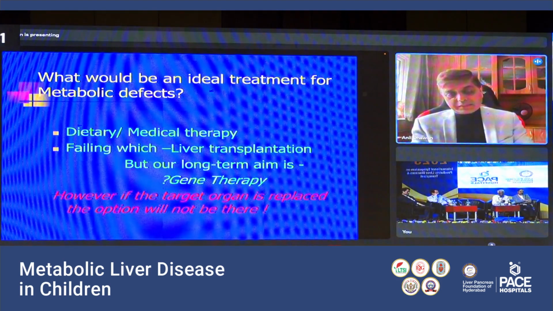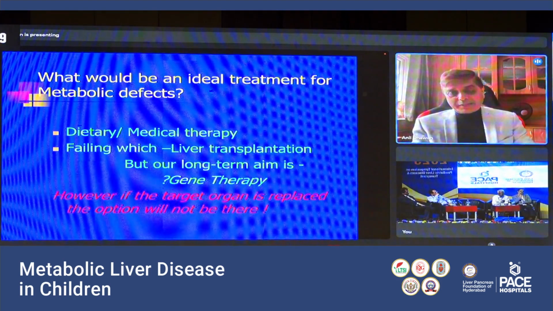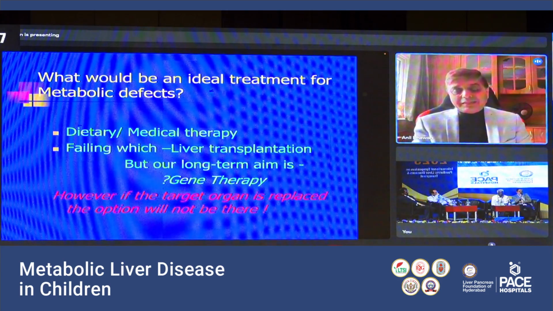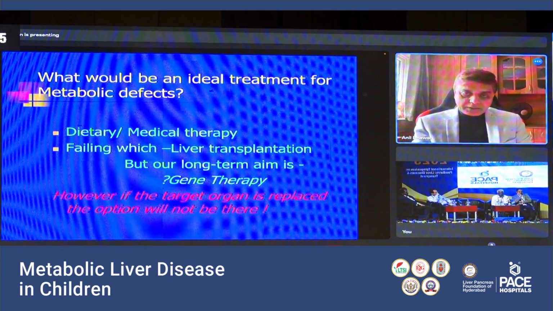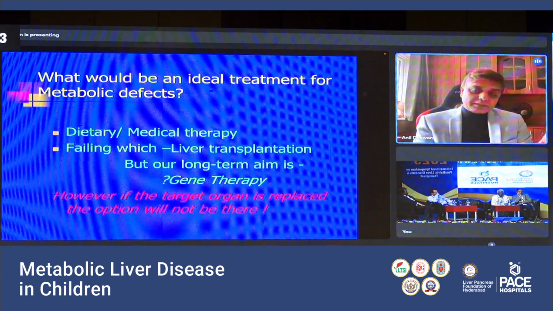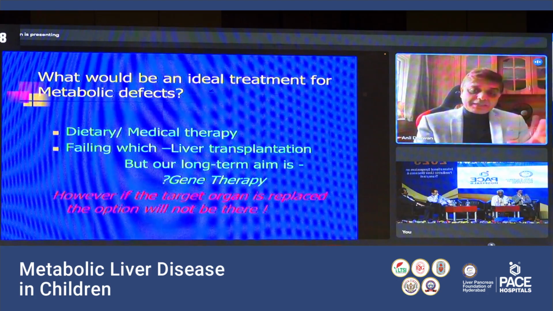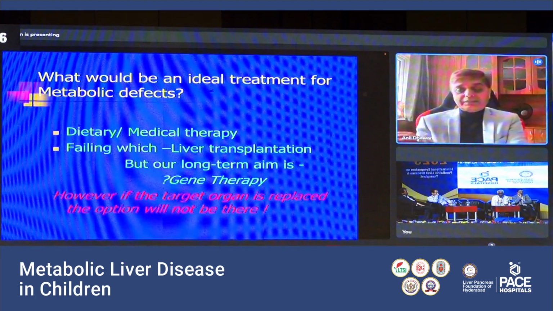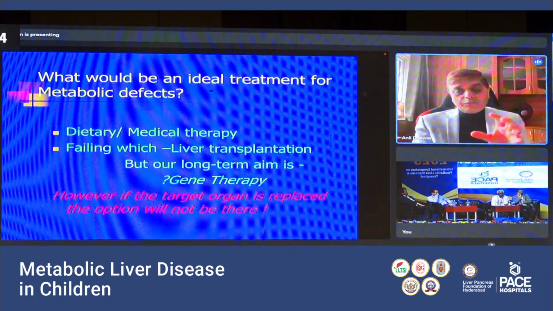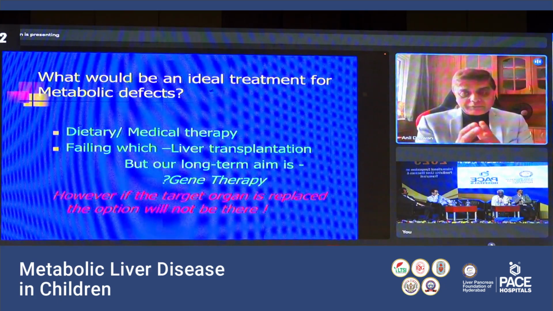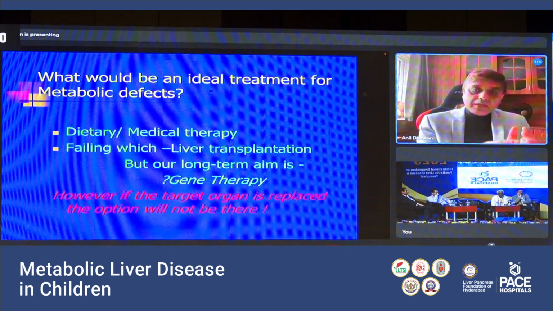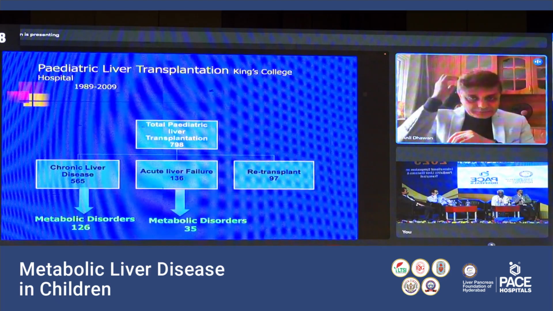In pediatrics, our life expectancy for our patients is decades, not years. We are not expecting a liver transplant child to live 5, 10, 20 years. We are expecting them to live 30, 50, 70, 80 years. So we need to be futuristic, and that's where our practice does differ and should differ from our adult colleagues.